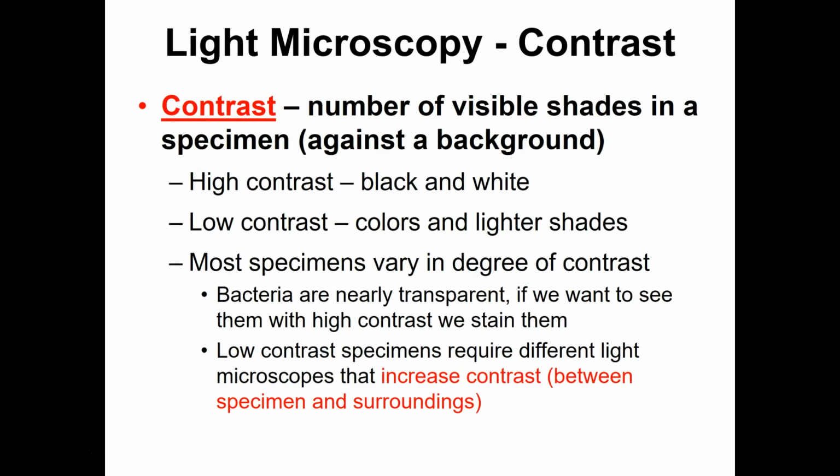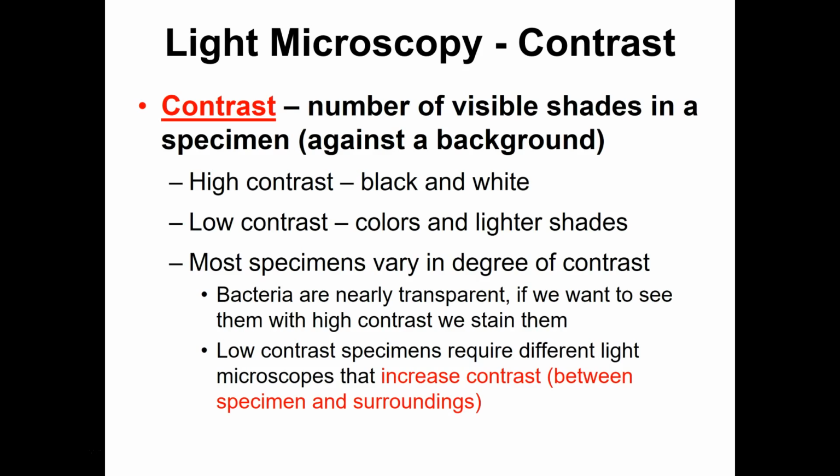Low contrast would be colors of lighter shades against each other, so a gray object against a gray background, or a pastel yellow bacteria against a bright yellow background. So high contrast is a big difference in color, black versus white, for instance. Low contrast would be more muted colors or similar colors against each other.